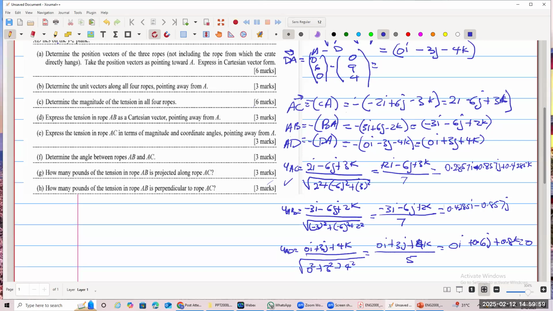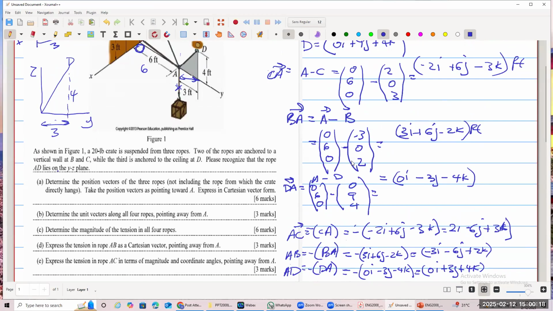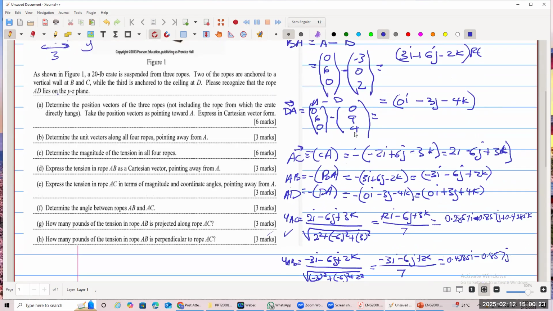AD is telling me that I should have some minus signs for my unit vectors, and right now I'm seeing plus signs. What went on with AD up here? Wasn't it A minus D? Did I have some negatives that I didn't? These were negative, so why am I seeing that?